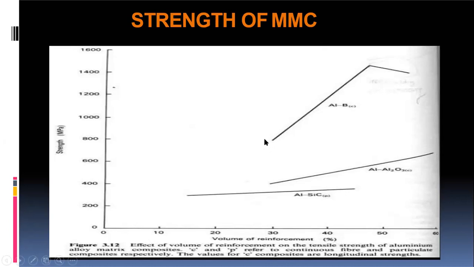So a very high strength material it is, aluminum boron, and the volume of reinforcement is 35 to 55%. So up to 35 to 55% we can add these as reinforcement.